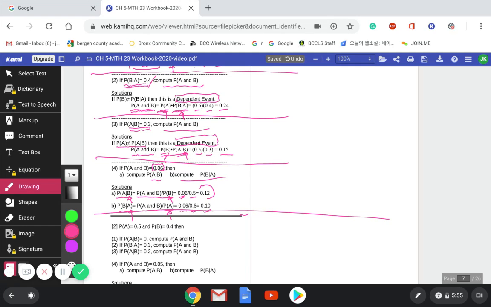Number 1, if probability of A given B is 0, compute probability of A and B. Actually, instead of 0, I should have said probability of A given B is the same as probability of A. So in that way, this implies they are independent.